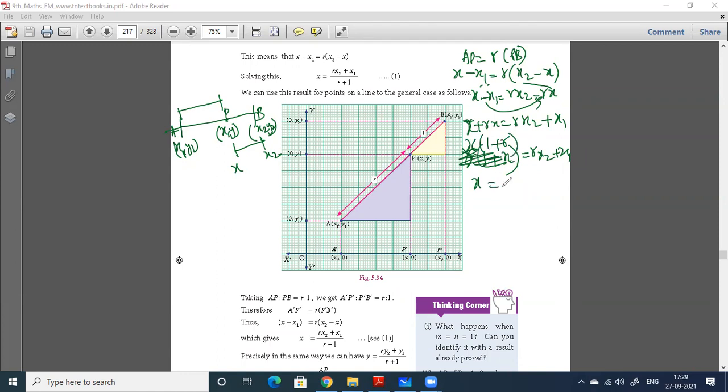Therefore, x equals (r x2 plus x1) divided by (1 plus r). Okay, so this is what you get.